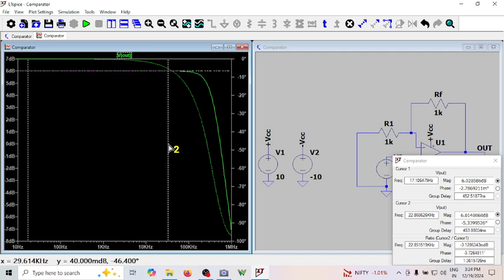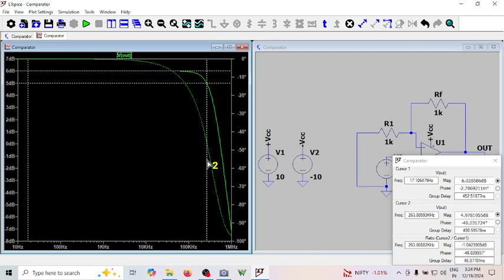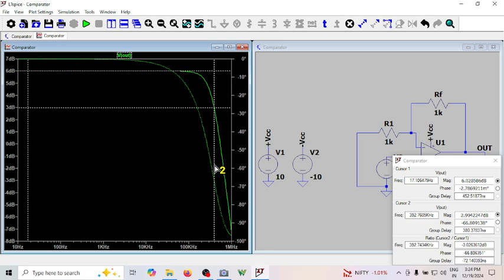So let me keep this at 3 dB down so that I can find what is the bandwidth. Okay, I'm there. For the 1K non-inverting amplifier, the gain is 6.02 dB. The corresponding volt per volt gain is 2.